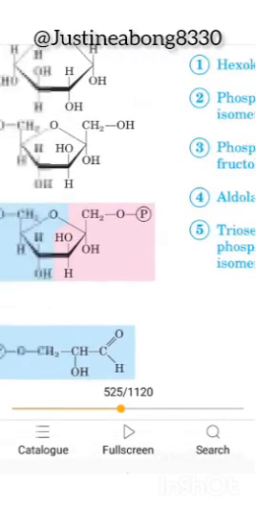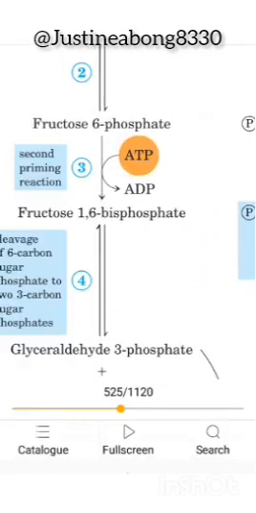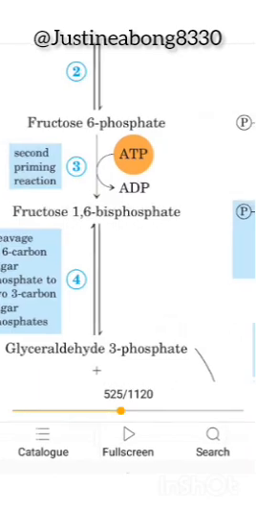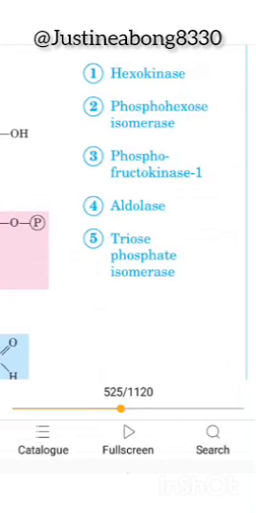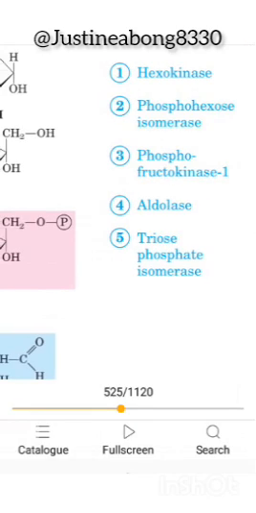Now, as fructose 6-phosphate is converted to fructose 1,6-bisphosphate, a little amount of the fructose 6-phosphate comes to the allosteric site of the phosphofructokinase 2 part, and phosphofructokinase 2 will convert the fructose 6-phosphate to fructose 2,6-bisphosphate, which is a most regulator of phosphofructokinase 1.